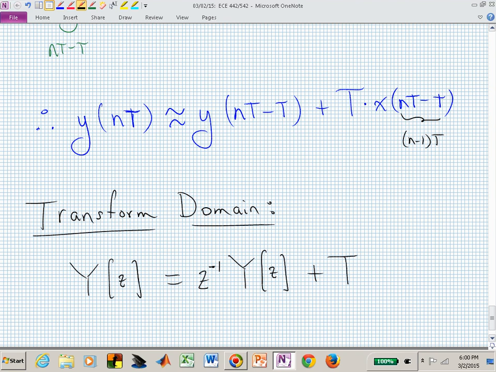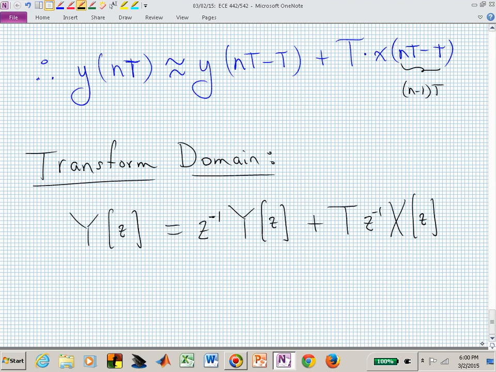If little x of nT gave us capital X of z, then this one, which is delayed one sample, must give us z to the minus 1 capital X of z. And let's now combine terms. If we pull the Y of z terms to the left, we can say we have 1 minus z to the minus 1 capital Y of z, and that's equal to T z to the minus 1 capital X of z.